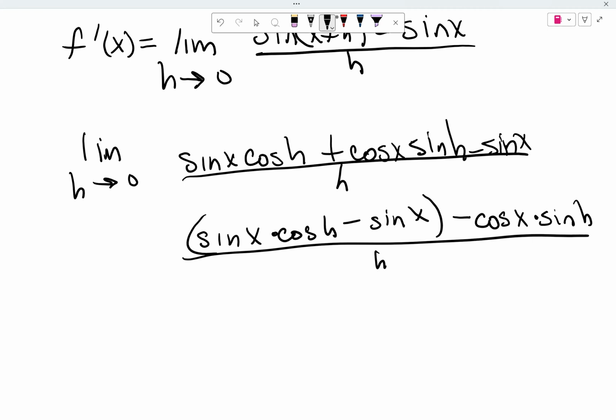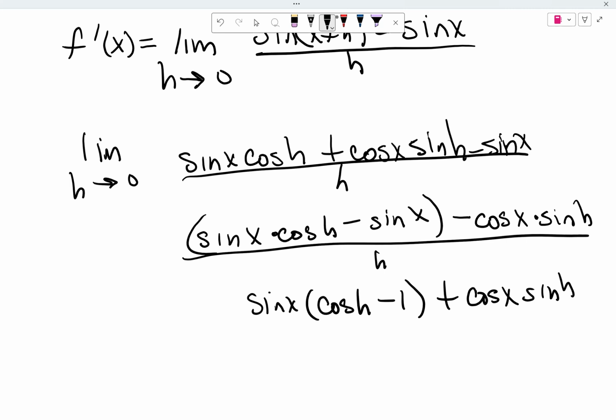This ends up becoming sine x times cosine h minus 1, plus cosine x sine h, and all over h.